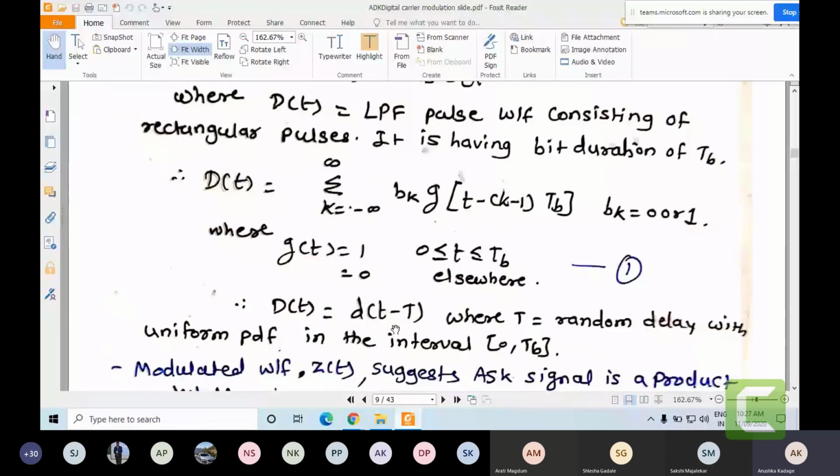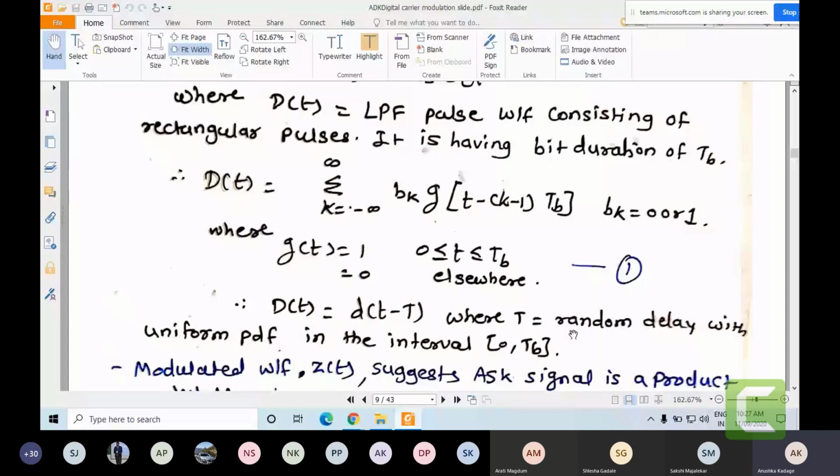Now the next thing what we are saying is, that's why we are having this dt which is nothing but d of t minus t. So here this t is nothing but the random delay with the uniform PDF, and for that the considered interval is the bit interval value only.